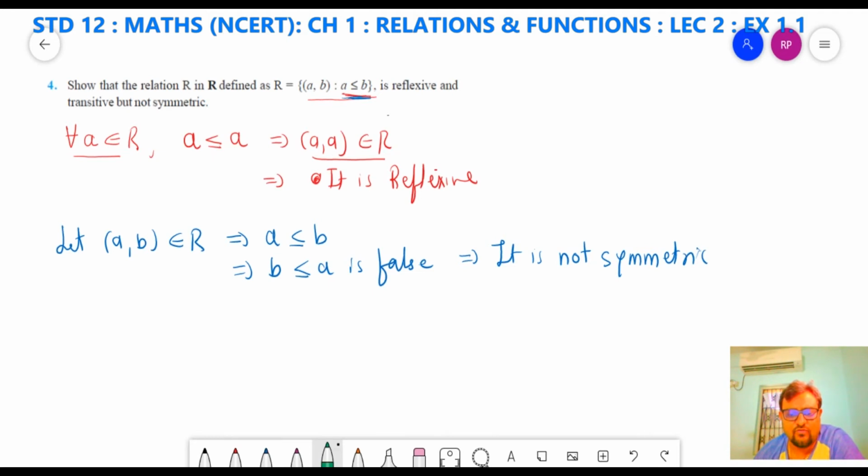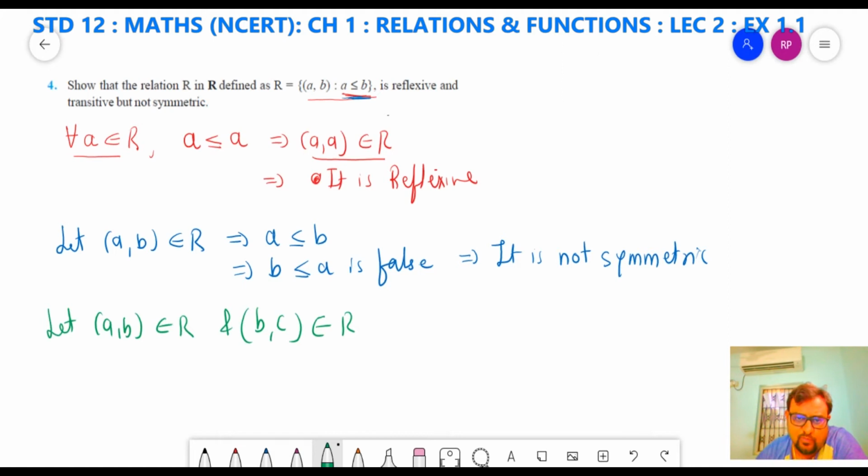Okay. Now for transitive, let (a, b) belong to R and (b, c) belong to R. I have to assume this. As both belong to the relation, it will follow that a is less than or equal to b and b is less than or equal to c. Now when you join this, a less than or equal to b, which is less than or equal to c, then definitely a is less than or equal to c.